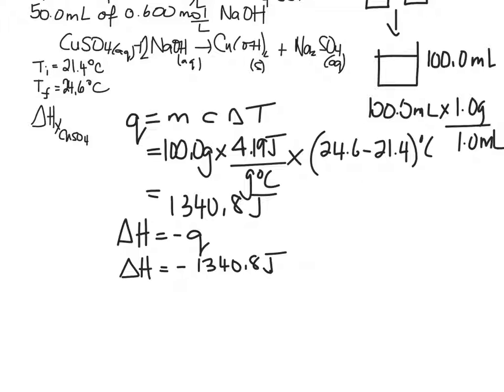All right. Now, this is the formula we're going to use. If we want to find this value, we need to know N. How are we going to find the number of moles of copper 2 sulfate given that we don't have the mass of copper 2 sulfate?